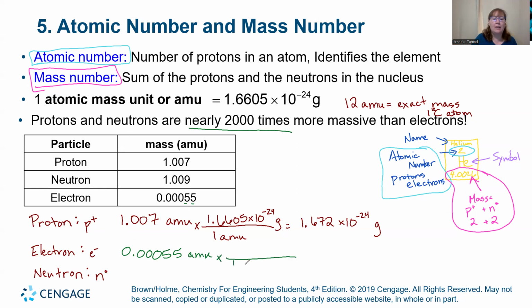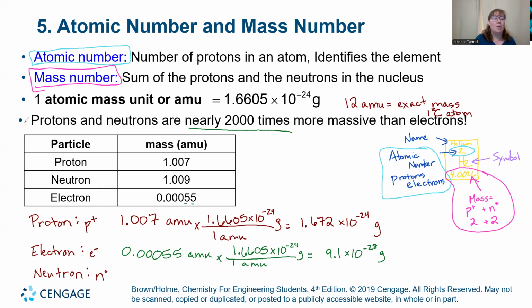And again, I use this same conversion: 1 AMU is 1.6605 times 10 to the negative 24th grams. Okay. And then when you put that into your calculator and get 2 significant figures, you will have 9.1 times 10 to the negative 28 grams. So that's pretty drastic. I know it's hard to see in this, but it's pretty amazing.